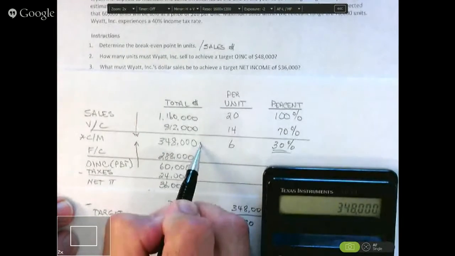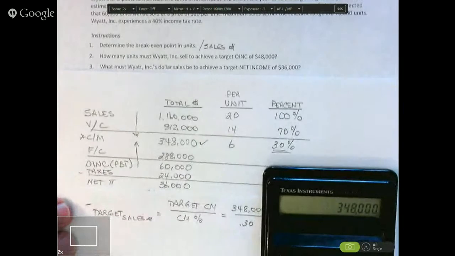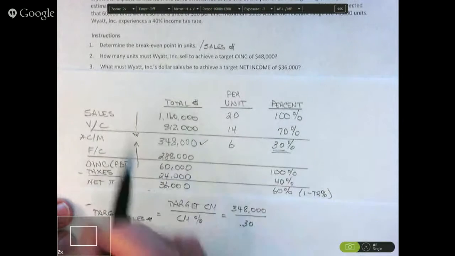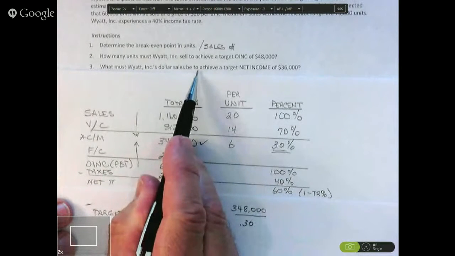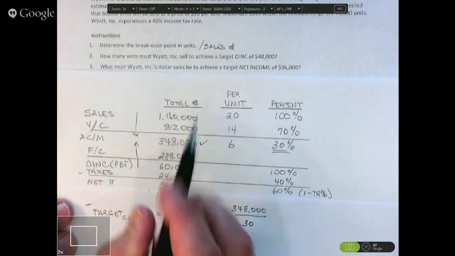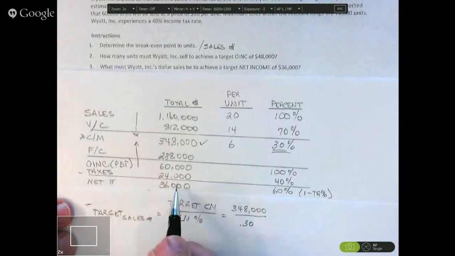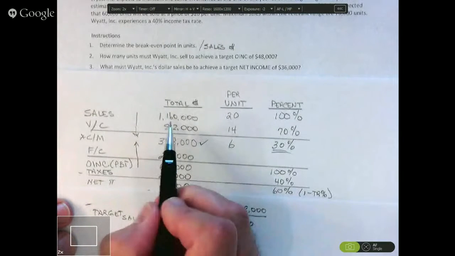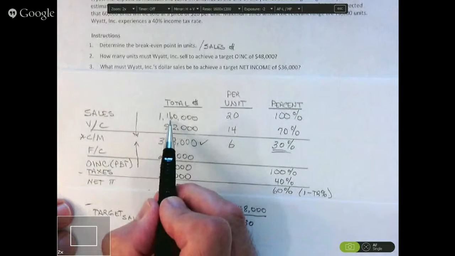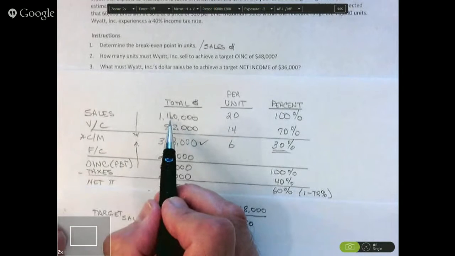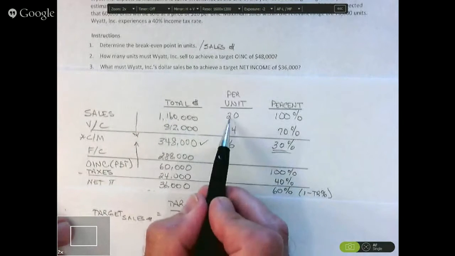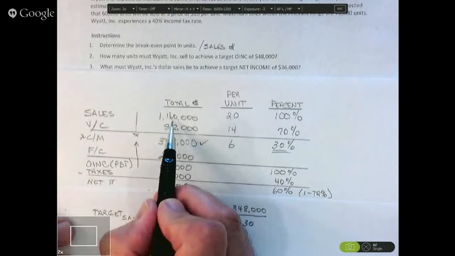Okay, that does in fact give us this $348,000 target contribution margin. So the sales dollars that Wyatt Company must achieve in order to get $36,000 of target net income must be $1.16 million.